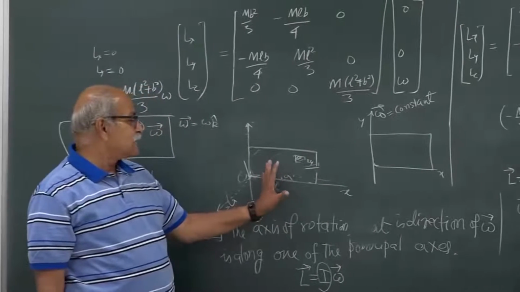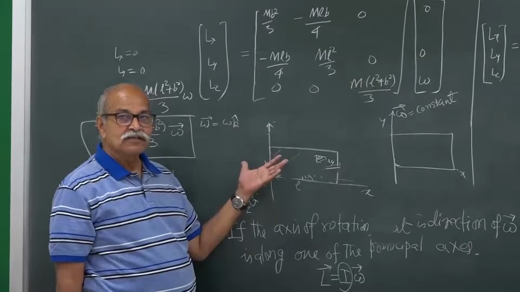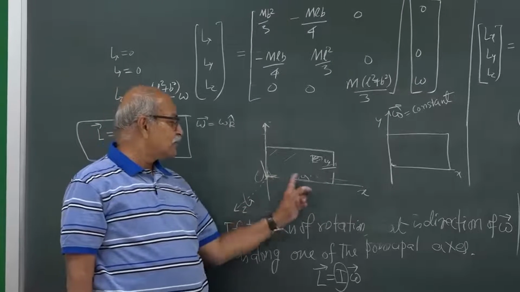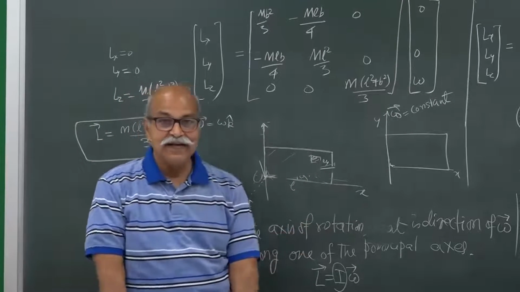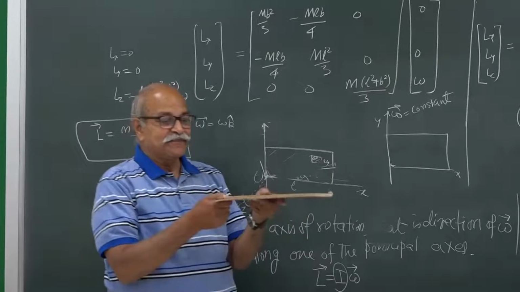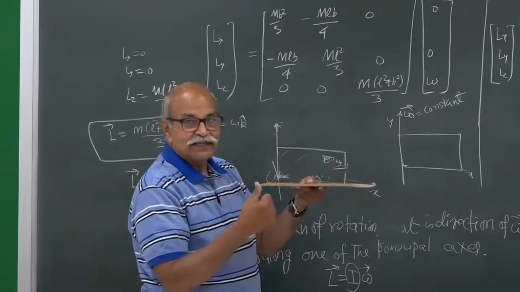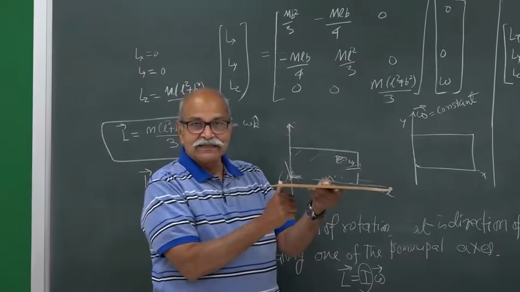As the plate rotates, the x axis was along the length. So, if this is the plate, this is the x axis along the length and y axis is here.